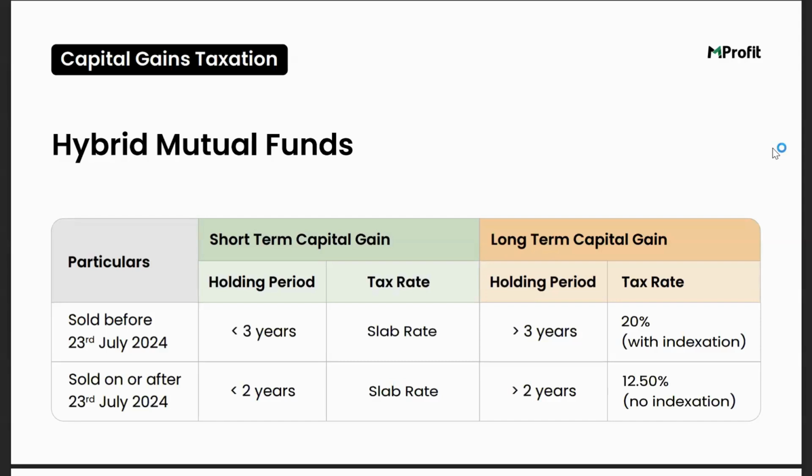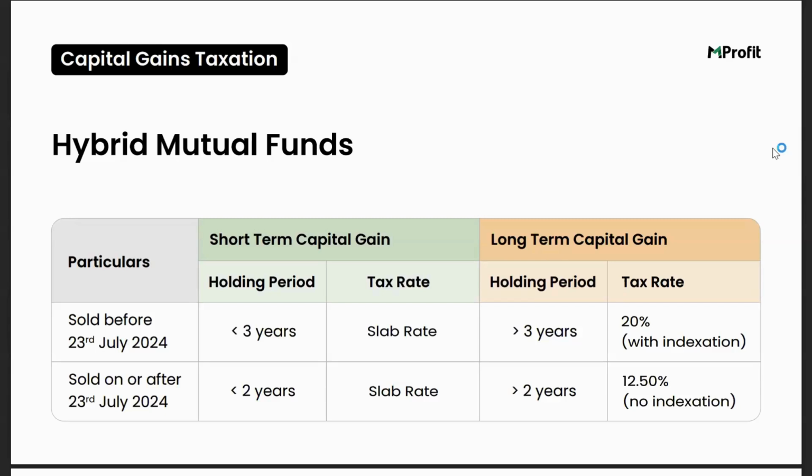Now, here also there are two scenarios. Scenario 1 is where you are selling the hybrid mutual fund before 23rd of July 2024. In this case, if you are selling any hybrid mutual fund after completion of 3 years, but before 23rd of July 2024, it will be classified as a long-term capital gain.